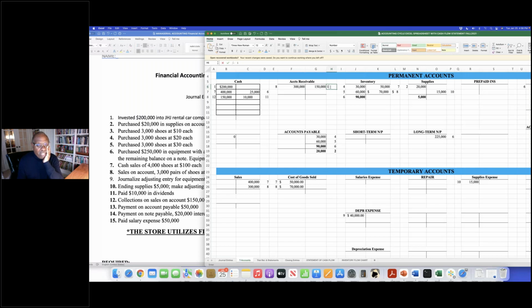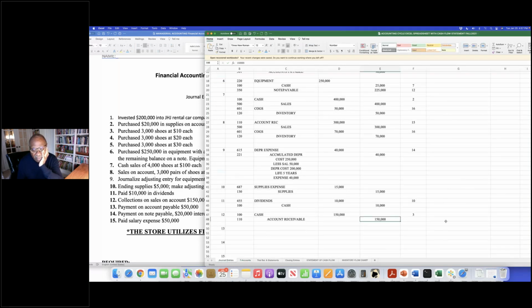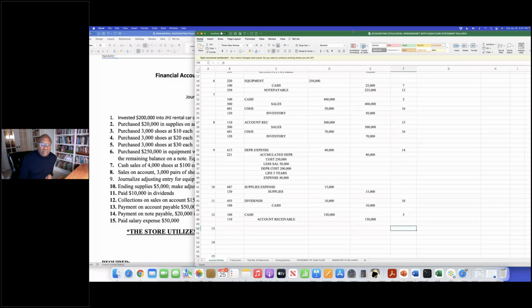Payment on accounts payable, 50,000. What's our type? Wouldn't that be a type 8?